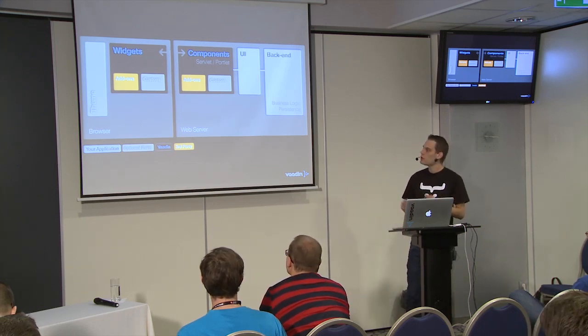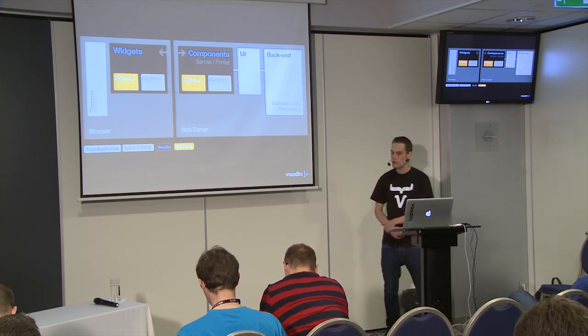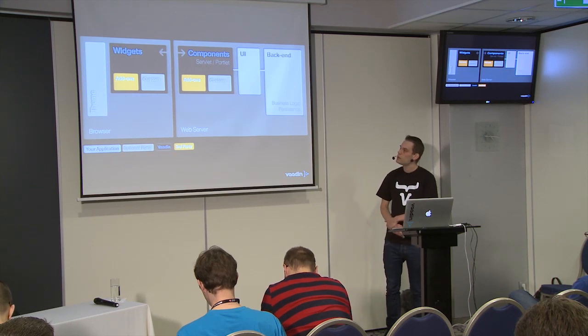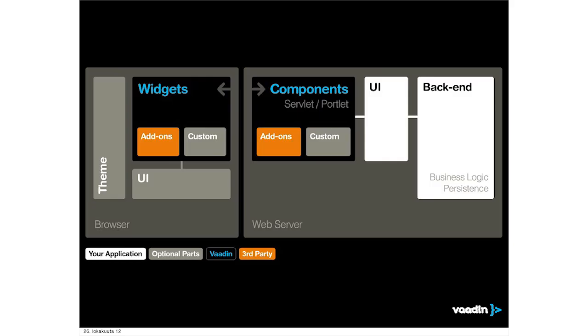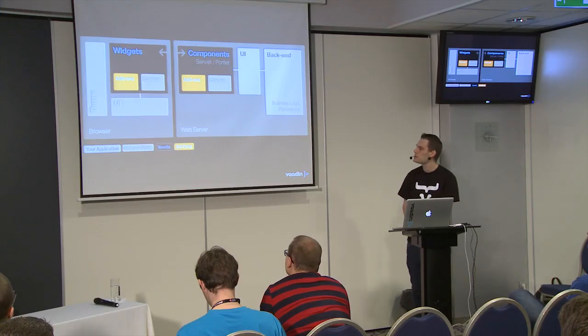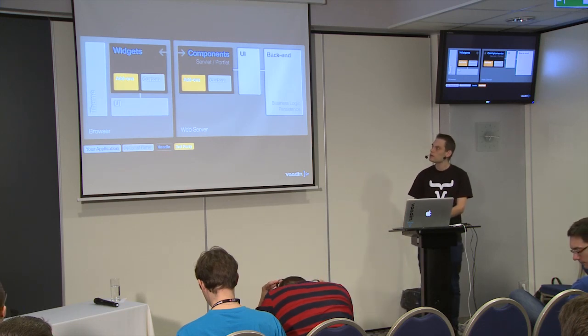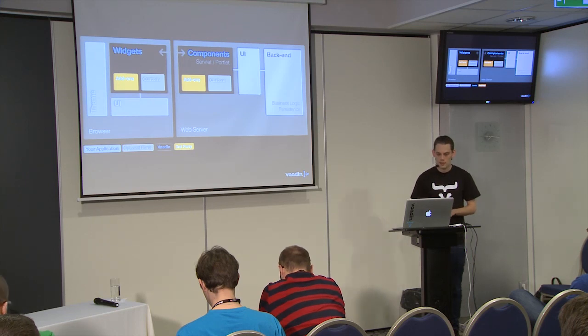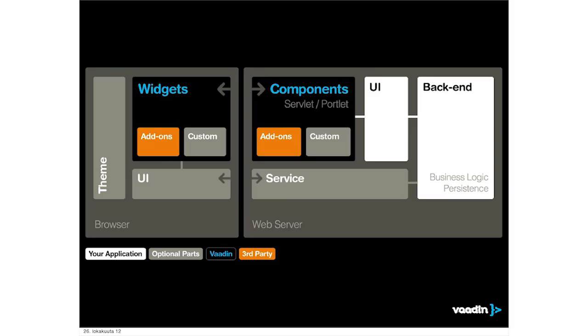But if you have a small use case where you need to use offline mode, then you can implement that part of the UI on the client side. You can use the Google Web Toolkit to implement this stateless UI in your hybrid Vaadin application. And then you, of course, have the service that communicates with this client-side UI code.